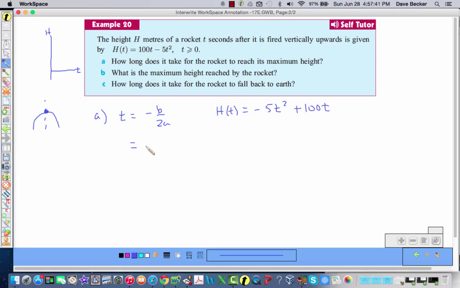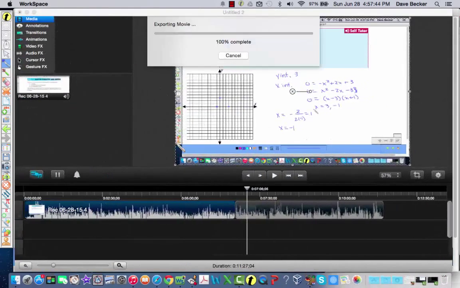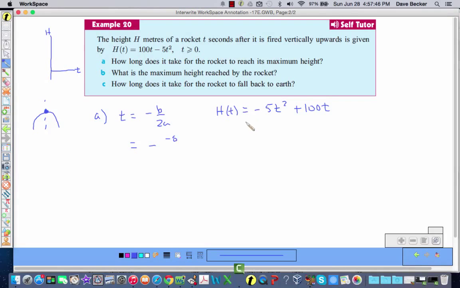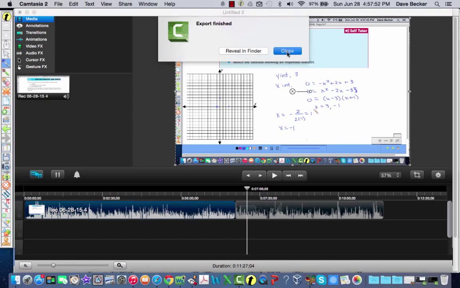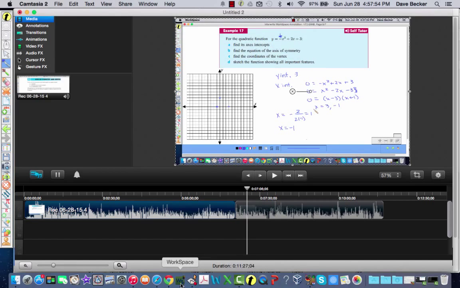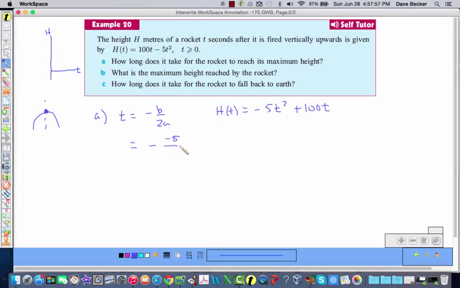So that's negative b, which is negative 100, over 2 times negative 5, which is equal to negative 100 over negative 10, which is 10. So it's going to take 10 seconds to reach its maximum height.